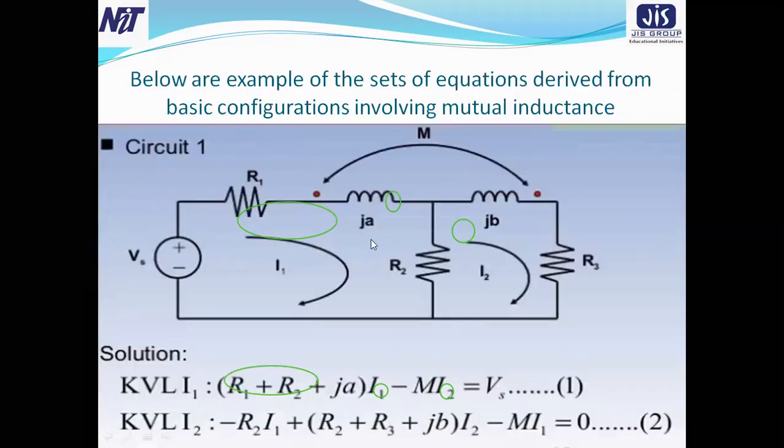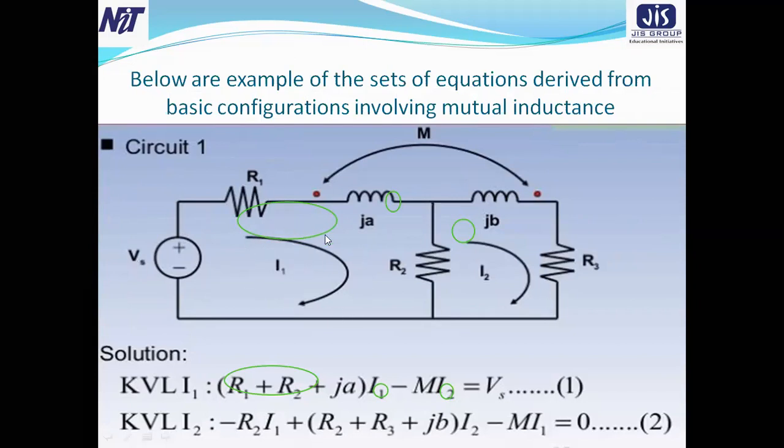Now below are examples of the sets of equations derived from basic configurations involving mutual inductance. In circuit 1, in the given circuit, we have a DC voltage source Vs and resistances.